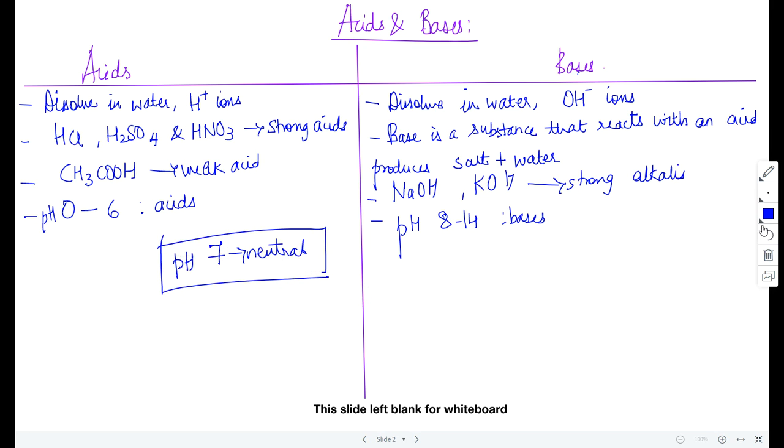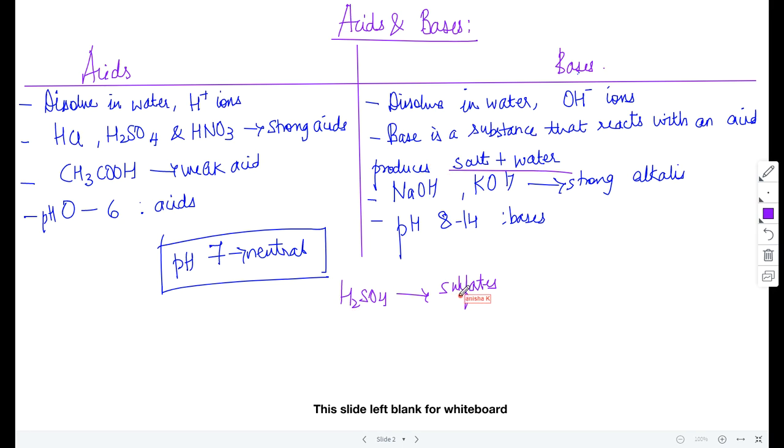Now, bases react with acids to form salt and water. We will see a few of them. Sulfuric acid reacts with the base and forms salts called sulfates when we get salt and water.